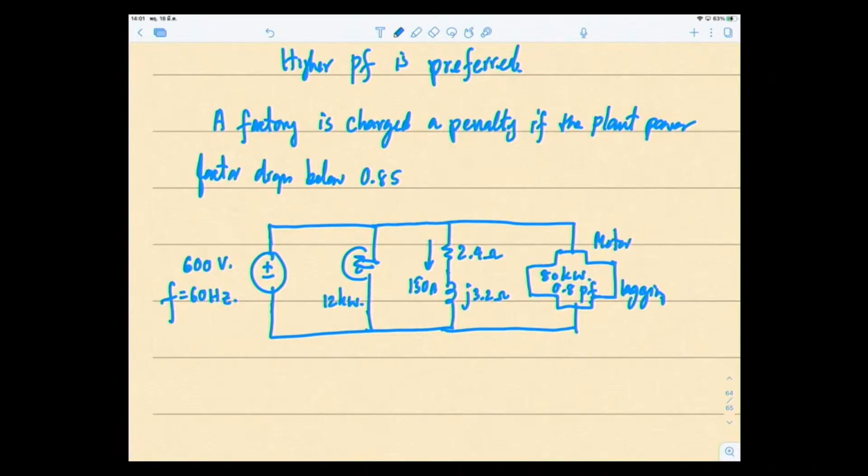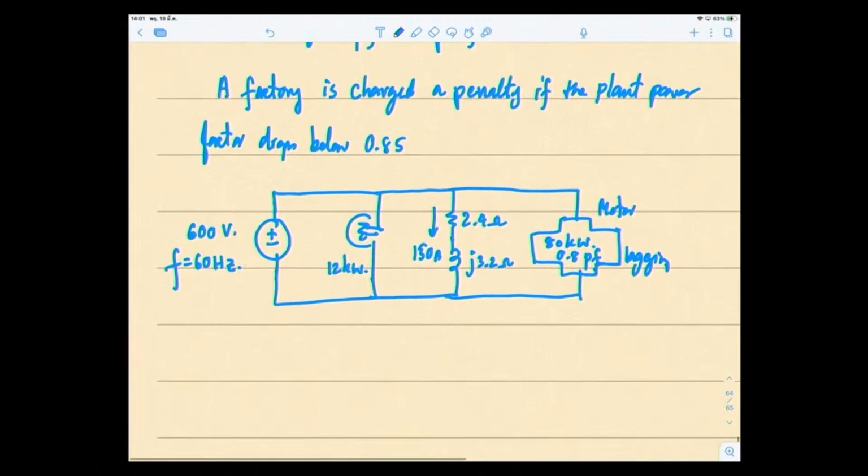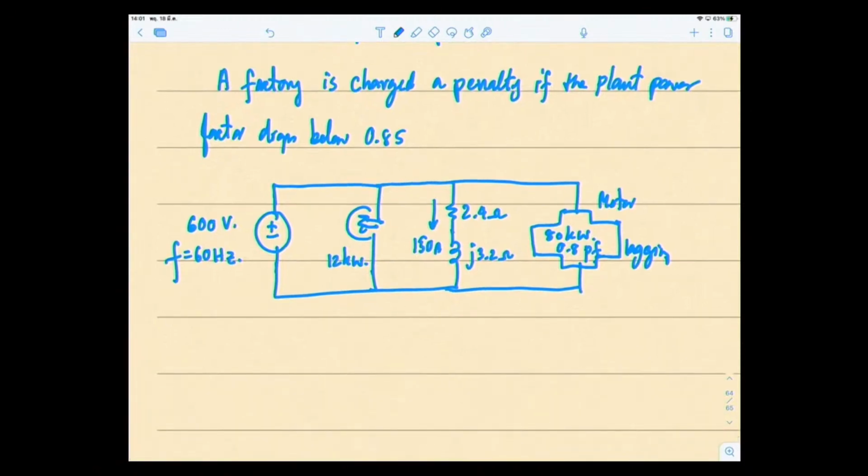So the first step is, of course, to find the power factor for all three loads together. Over all three loads, what is the power factor? First, you have to find the total average power and the total reactive power. So we go one by one. The first load is the lighting system.